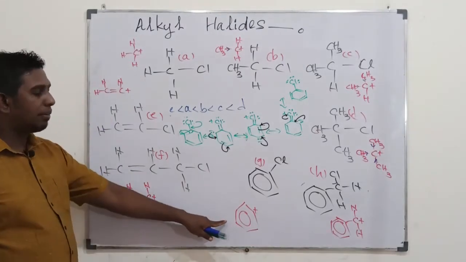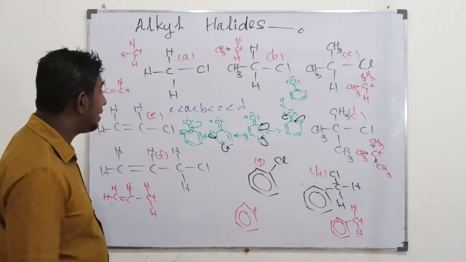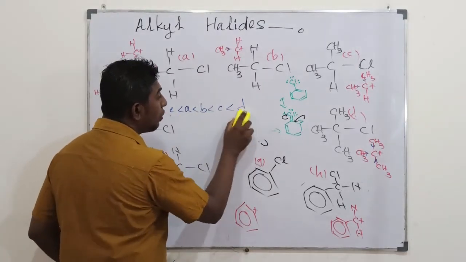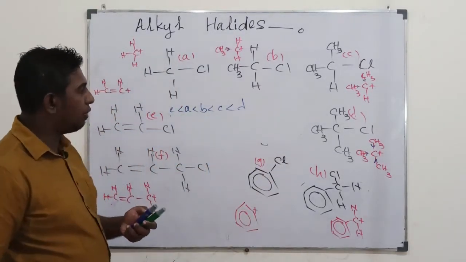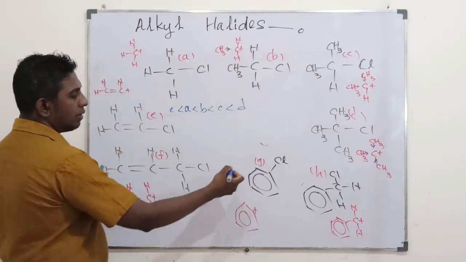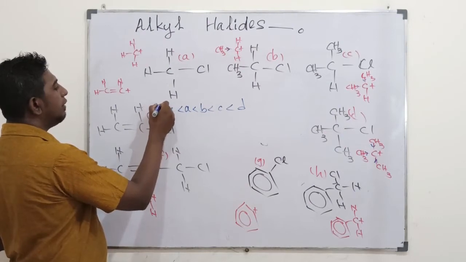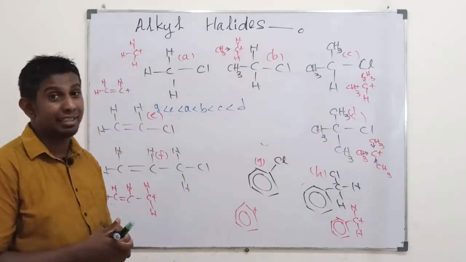Therefore, this carbocation on benzene would be highly unstable. Hope you have got it. Students, therefore, the place I will draw that letter G is here. It's the most difficult one out of those we have looked at so far.